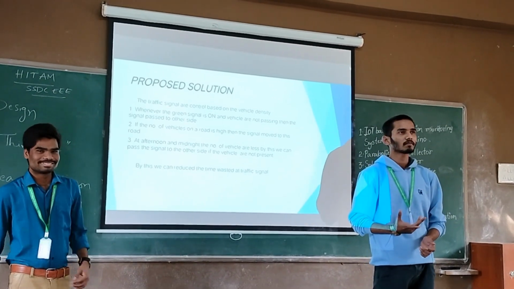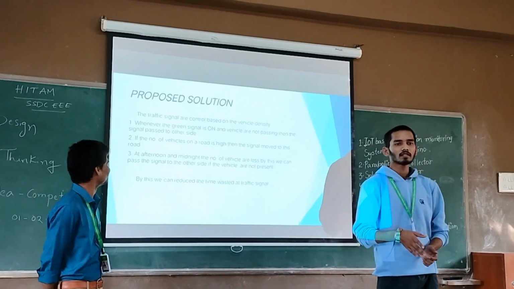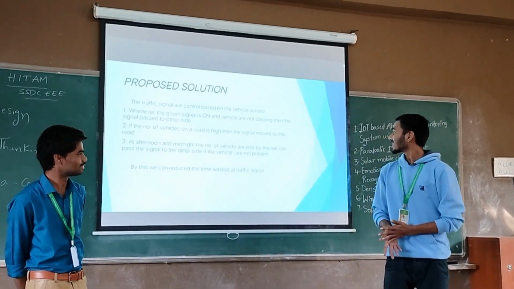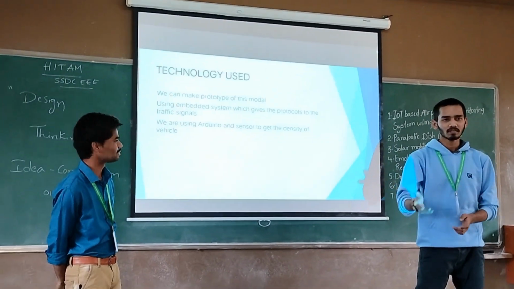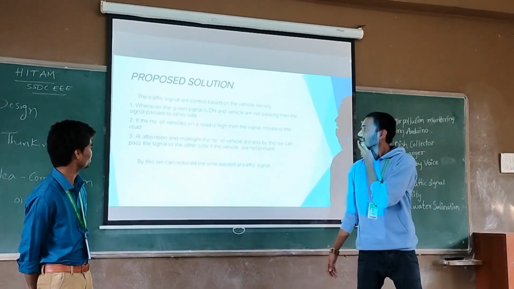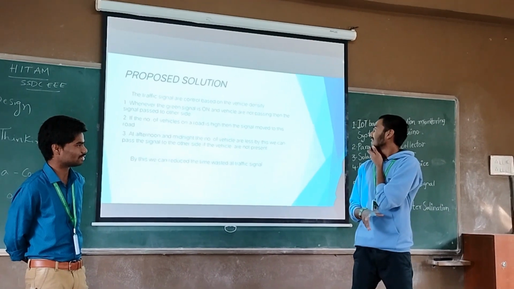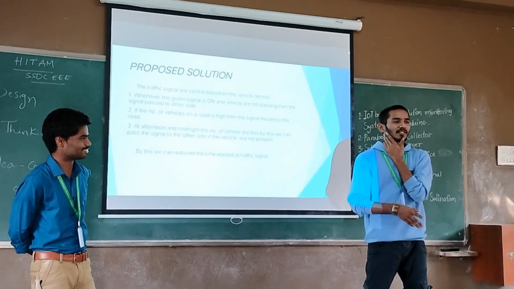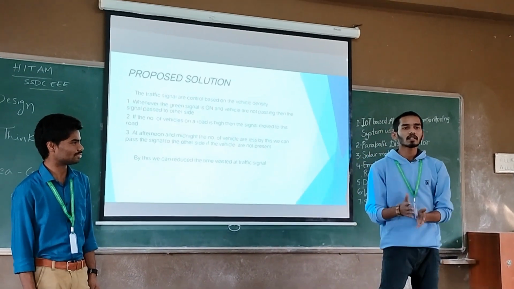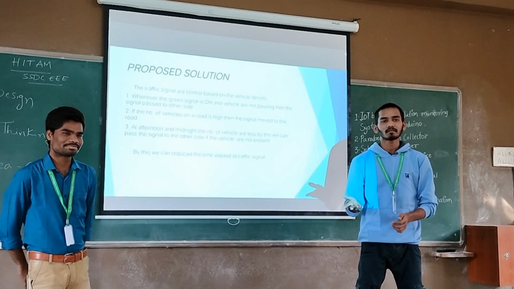Whenever vehicles are not present, the traffic signal is passed to the other side. So whenever the green light is on in a road and vehicles are no longer passing, the signal moves on to the other side.